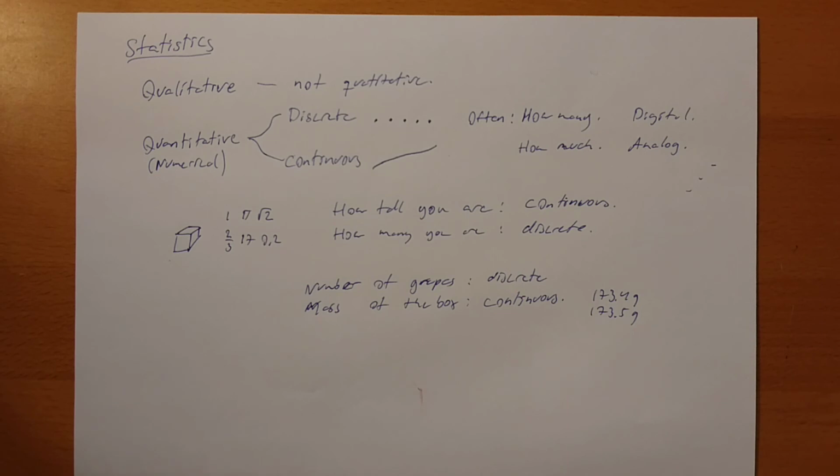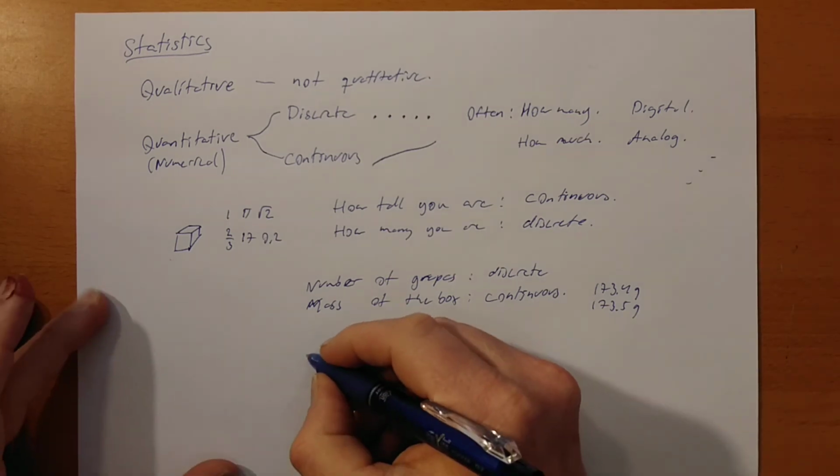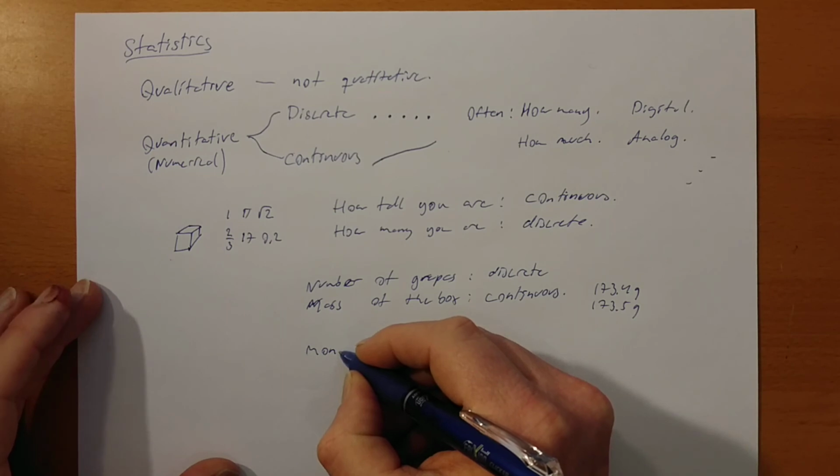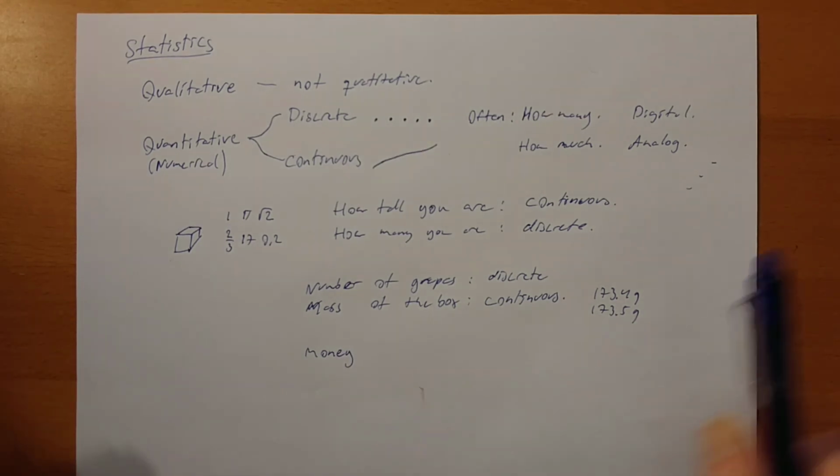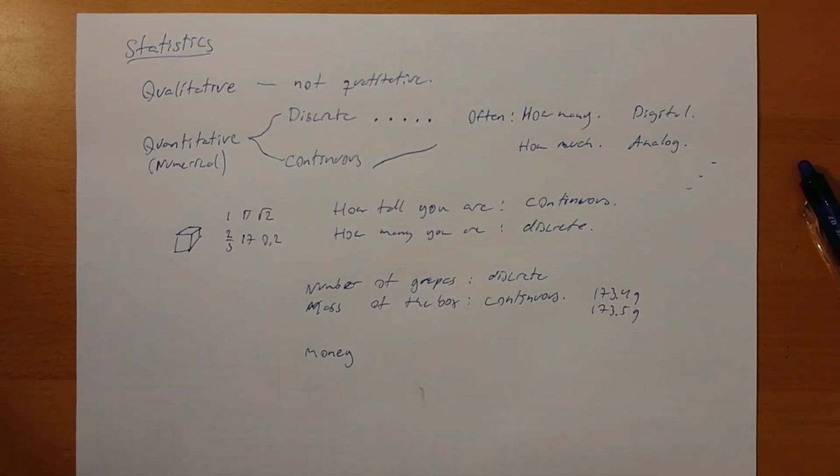Sometimes it can be difficult to know if we have discrete or continuous data, and one particular example of that is money. It could be seen as both. If you ask how much money you have in your pocket, I think it's best to talk about that as discrete. You have a number of crowns or euros, whatever. But if you talk about money on big corporate levels, it's often better to see it as continuous.